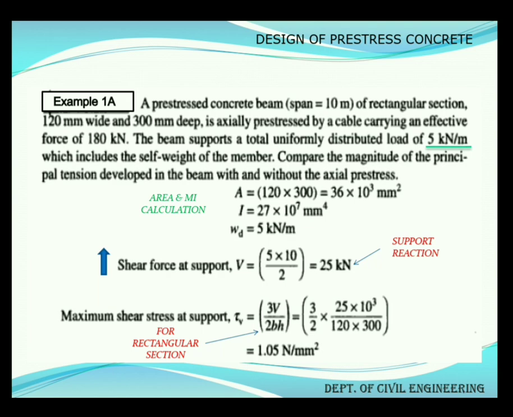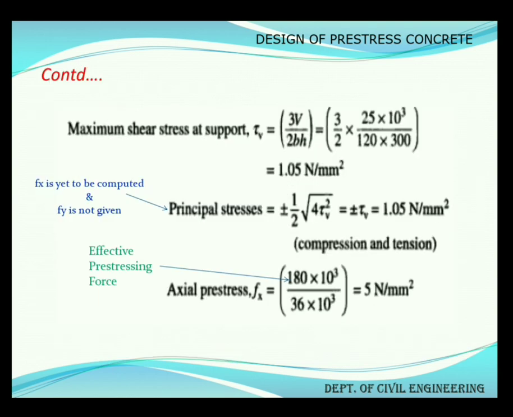So it comes out to be 1.05 Newton per mm square. So we have computed the shear stress at the support as 1.05 Newton per mm square.